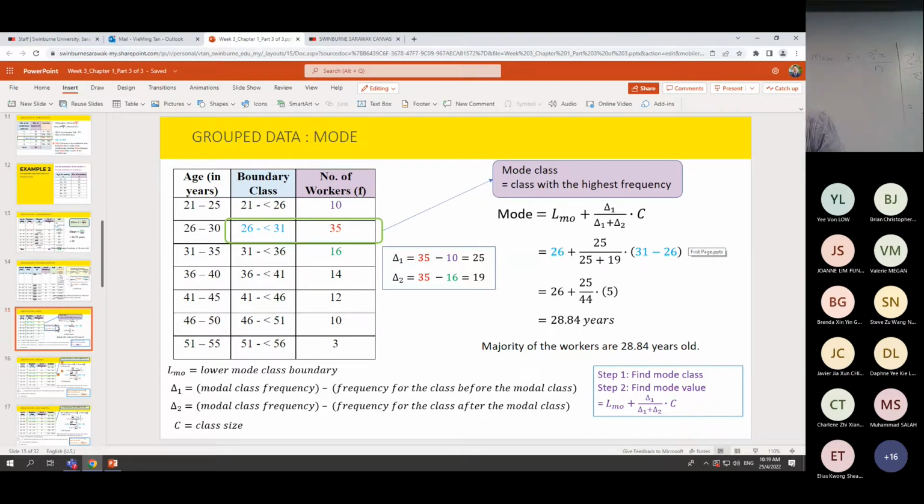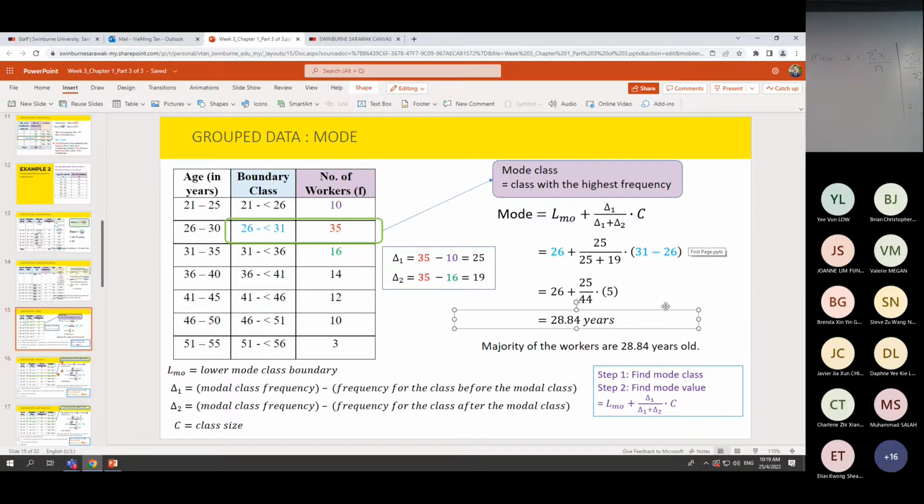The second step: 26 is the lower boundary of the mod class. This is triangle one and this is triangle two. The triangle one value for these two is always the same. Triangle one means 35 minus 10, you'll get 25.